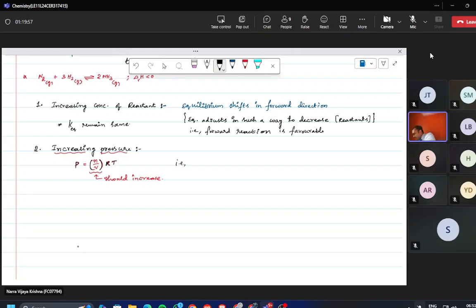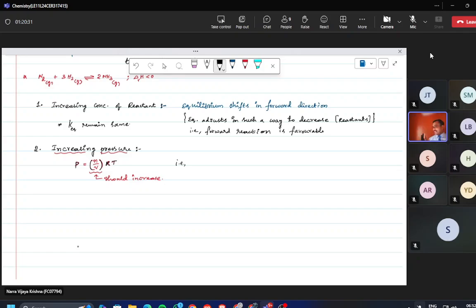Equilibrium should adjust in such a way to decrease n by V. Now tell me how n by V will be decreased. If n decreases, n by V decreases. So I am trying to increase n by V, then equilibrium adjusts in such a way and decreases n. If it decreases n, automatically n by V decreases. Done. Problem solved. No confusion now.